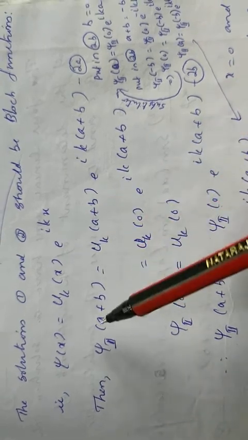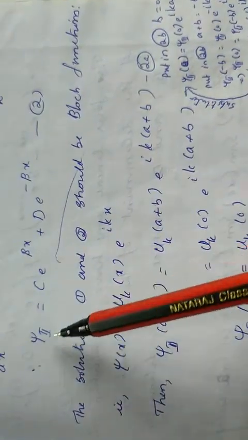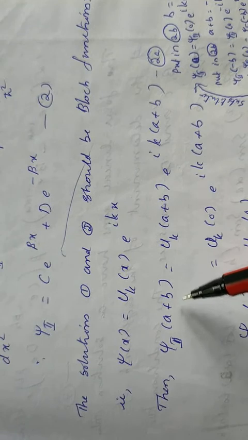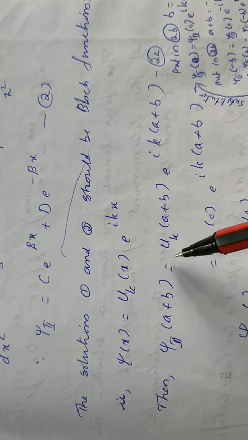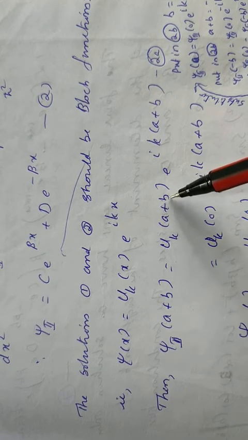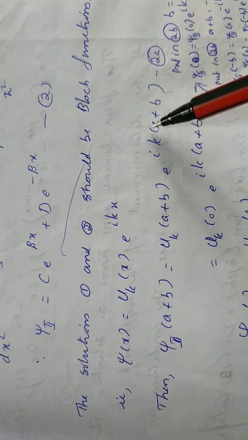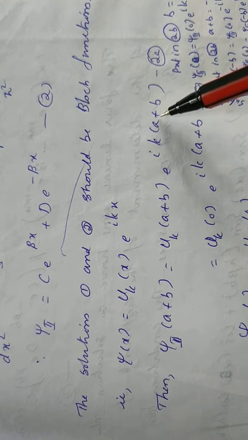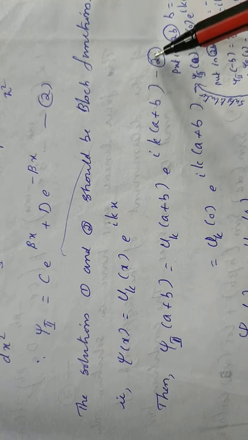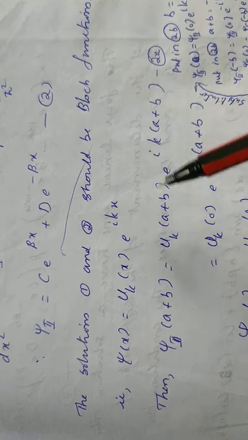Then psi 2 of a plus b should be uk of a plus b into e to the power ik of a plus b. I mark it as equation number 2a.